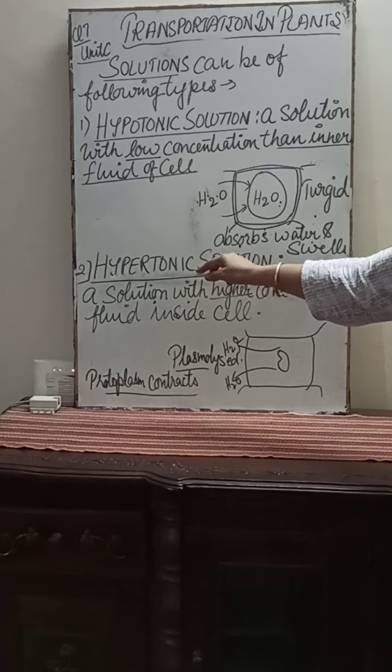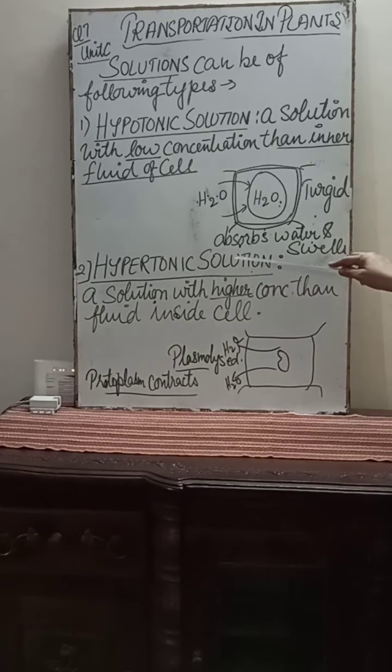Now second is the hypertonic solution. Hyper means again high. So a solution with higher concentration than the fluid inside the cell. Now in that case, what happens? You see, this is the cell and the concentration outside the cell is higher.